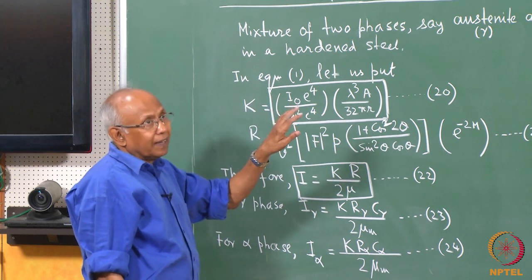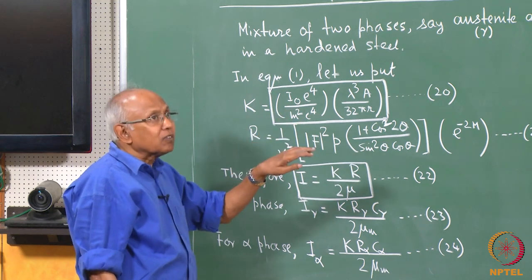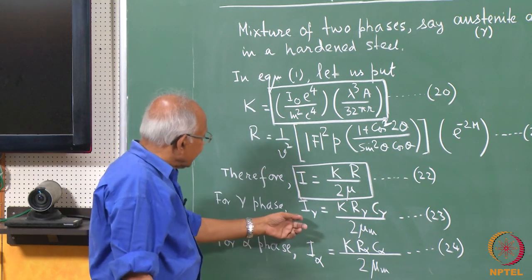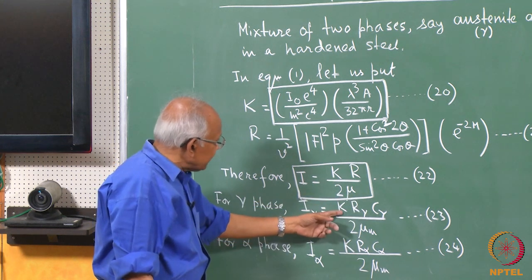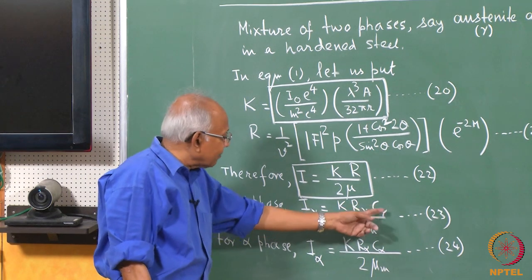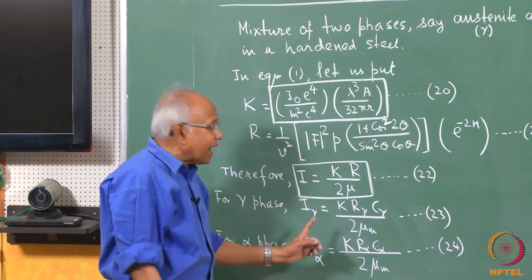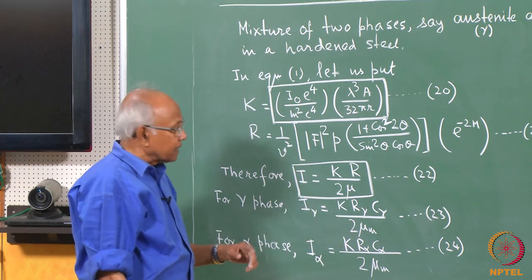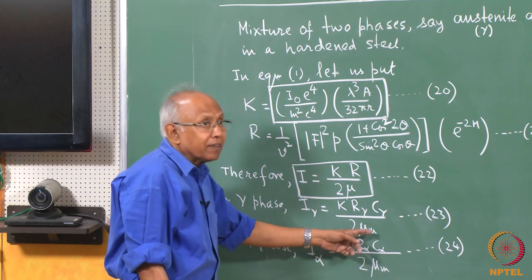But if it is present only as a fraction, then intensity will automatically come down. So, the intensity of the chosen line in the gamma phase can be written as K R gamma multiplied by C gamma, where C gamma is the volume fraction of the gamma phase in the mixture, and instead of writing mu, the linear absorption coefficient for a pure phase, now you have to write 2 mu m for the mixture.